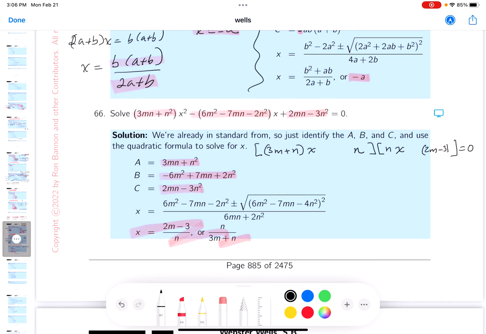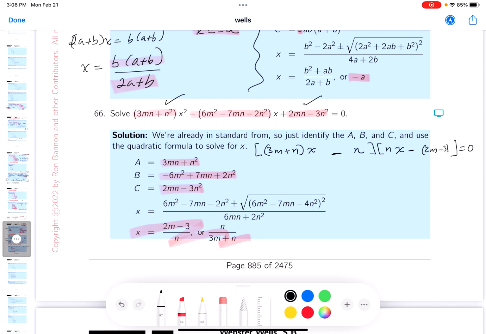That's got to be minus minus now. All right, let me see if it works. 3m plus n times n is 3mn plus n squared, x squared. This worked. Do we get the last term? Minus sign positive, you're going to get 2mn minus, works beautifully.